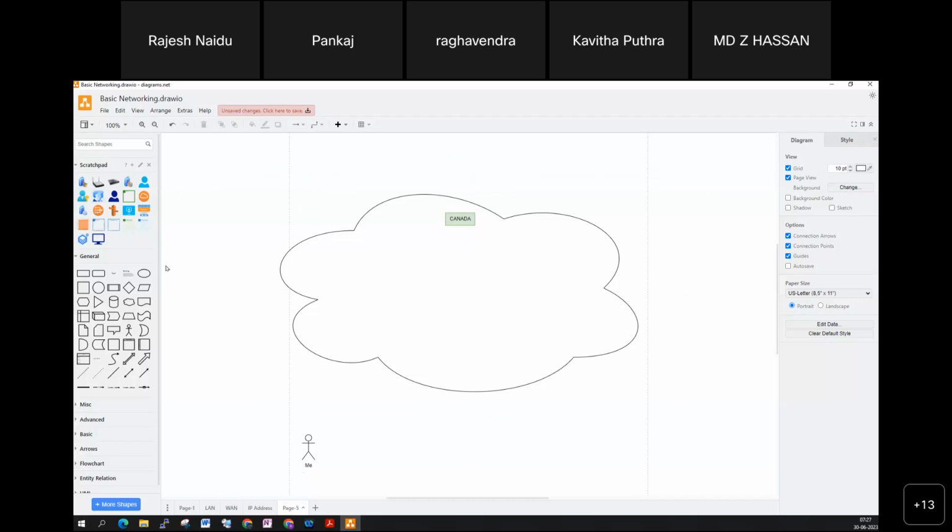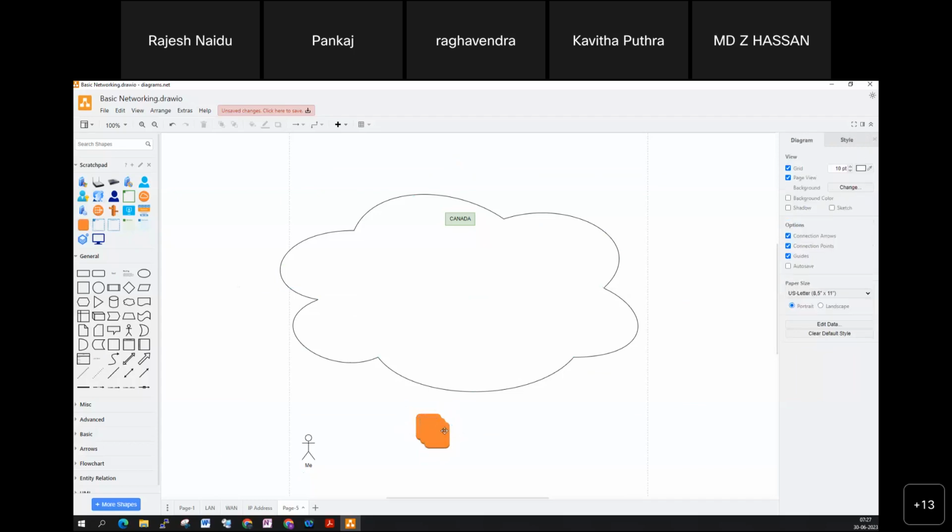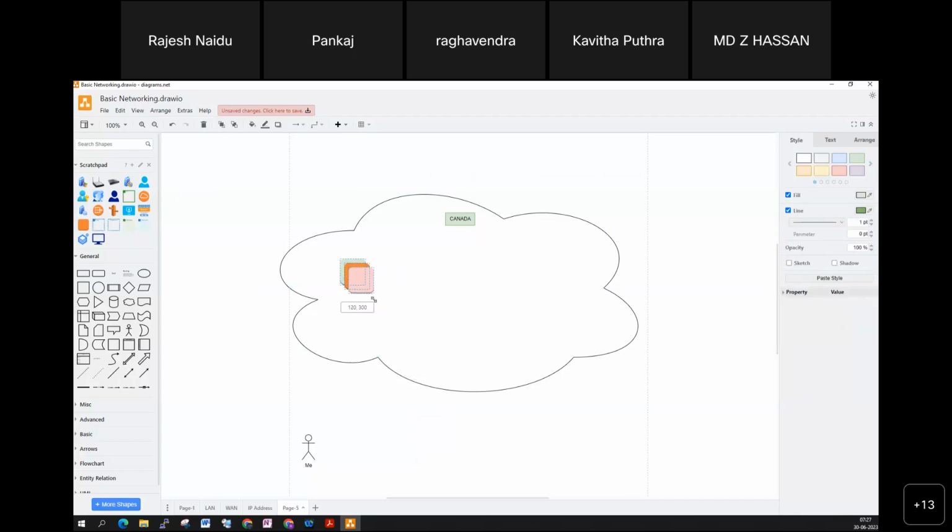Suppose I created web servers, database servers, application servers like this. These servers I keep in one data center.